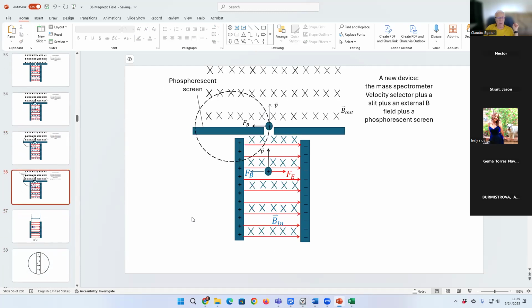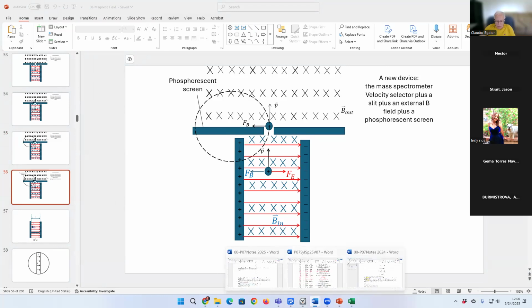Once you have the place where the particle impacts the screen, you can get the radius of the circular path, and from that radius, you can find the ratio of charge and mass, okay? We're going to do that after the break. So here is just a qualitative idea of how this thing works.